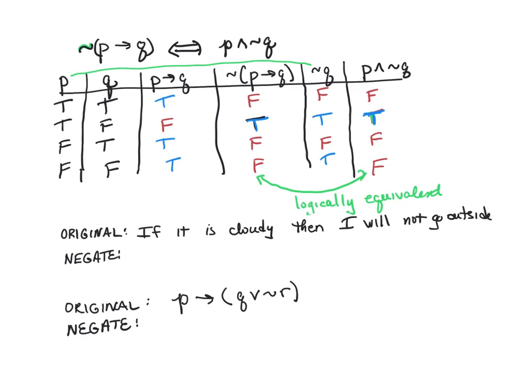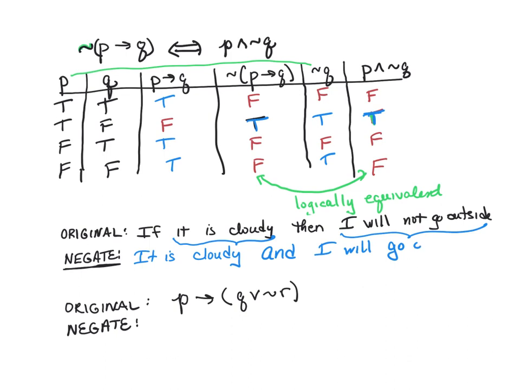We want to negate this, so we have to identify the P. The P is, it is cloudy, and the Q is, I will not go outside. So we take the P, it is cloudy. The negation of a conditional is not a conditional. And I will negate the consequent. Then I will go outside. So that would be the negation.